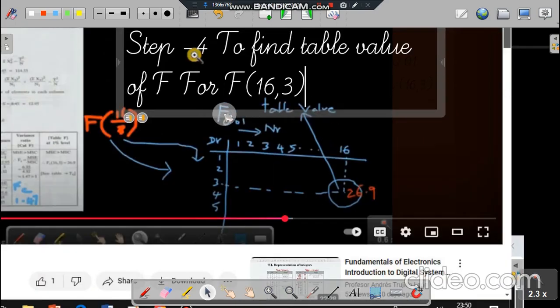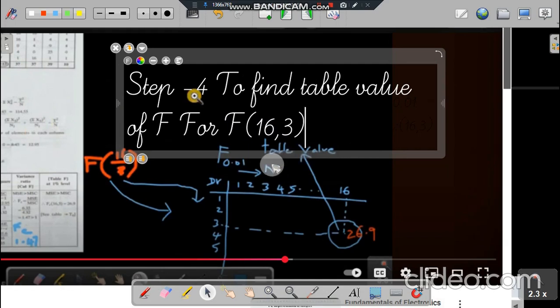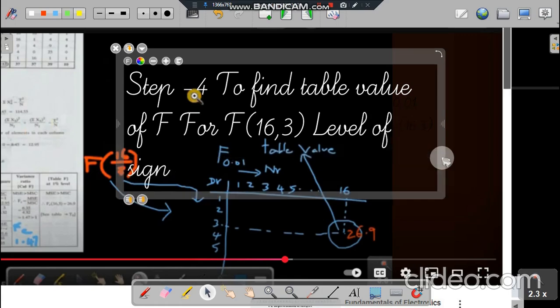Now in the table, the F table will be given to us. So this is the F table. For 0.01 level of significance, we will take alpha, the level of significance, as 0.01.